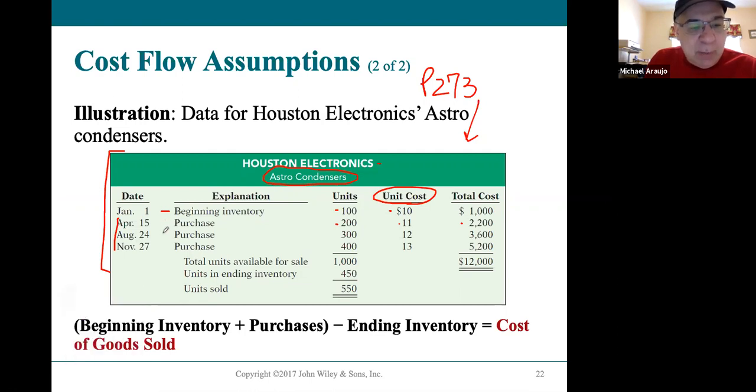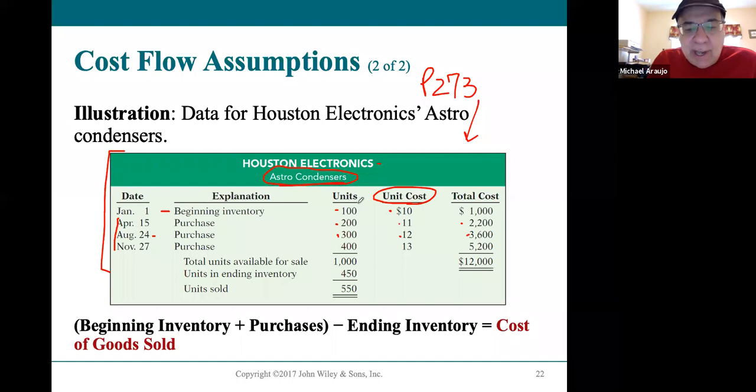So a few months go by, and as you see in August, they make another purchase. This time they buy 300 more of these astro condensers. But as you see, by the time they actually buy these 300, the cost of every astro condenser has increased again to $12 each. So these 300 astro condensers now cost $3,600 to bring in the store.